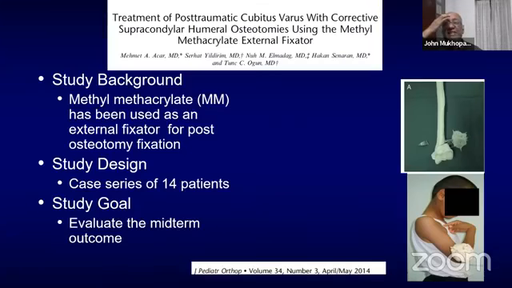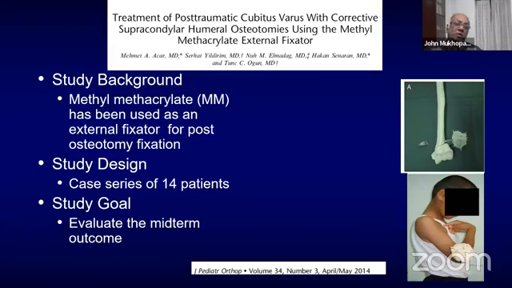There are various methods of fixing these osteotomies. You can use external fixators with the standard frame. There are specially designed fixators for the supracondylar osteotomy from the AO. And you can even use cement as a post.